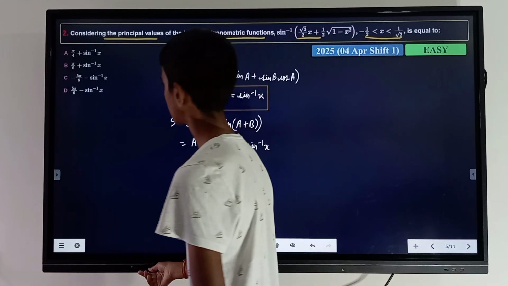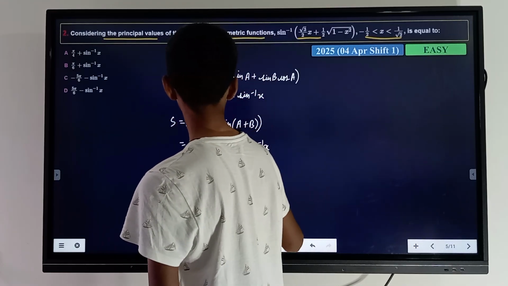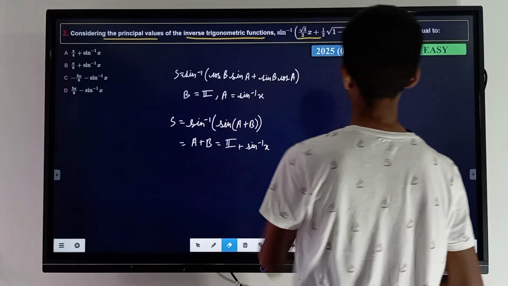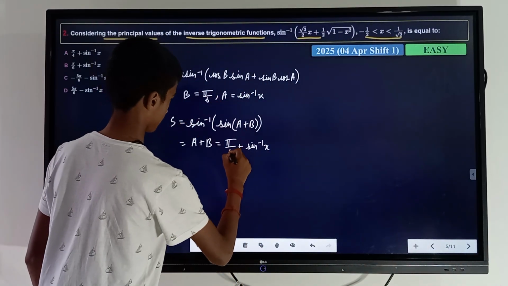So from here, this is not pi by 3, sorry, this is pi by 6. Cos of pi by 6 is root 3 by 2. Sorry, pi by 6.